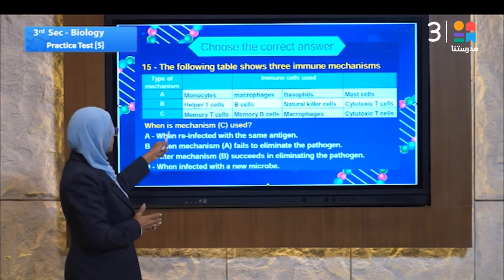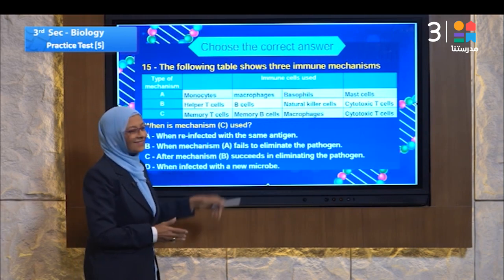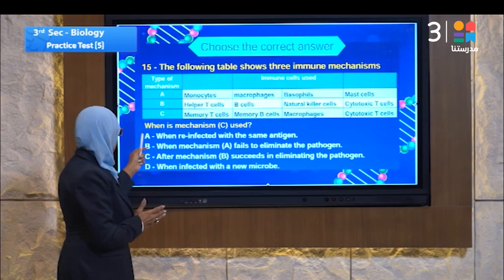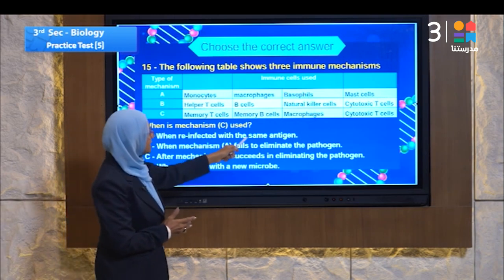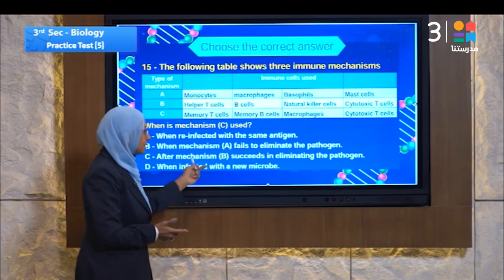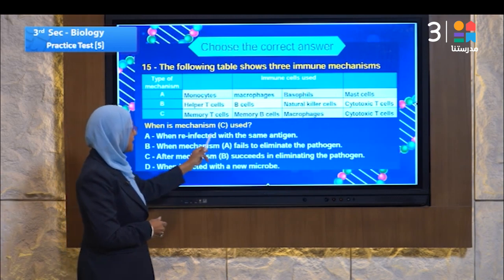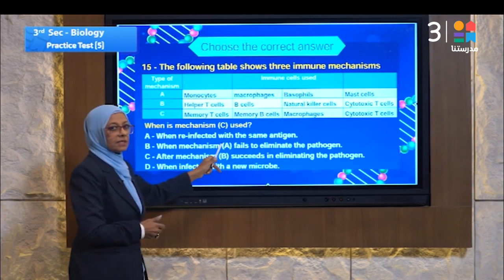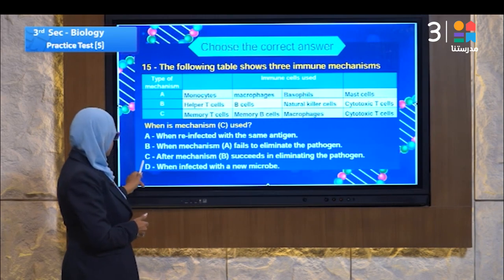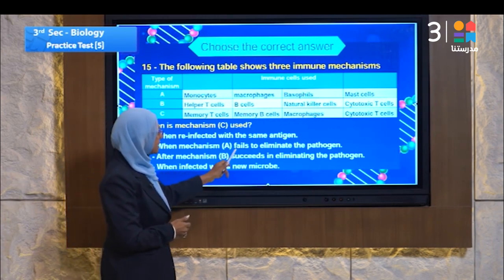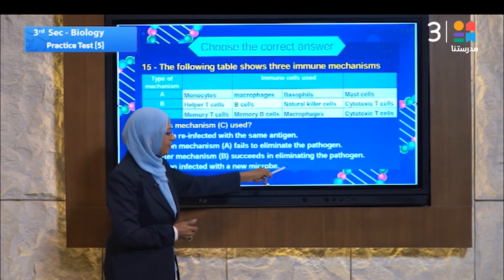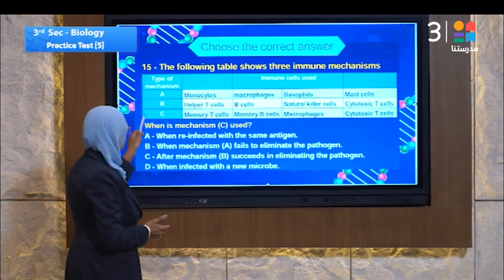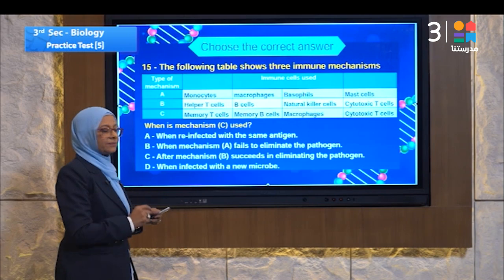When is mechanism C used? Let's read it again. A, when reinfection with the same antigen. B, when mechanism A fails to eliminate the pathogen. No, it's not failed. C, after mechanism B succeeded in eliminating the pathogen. If it succeeded or not, mechanism C will be done.